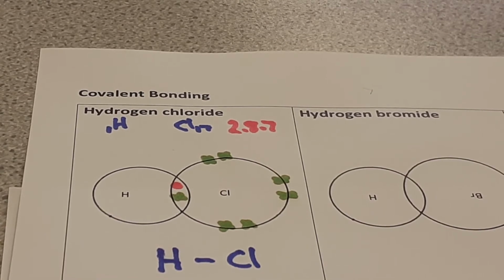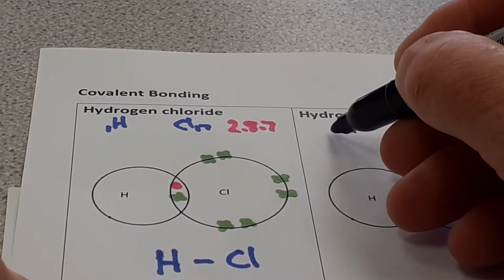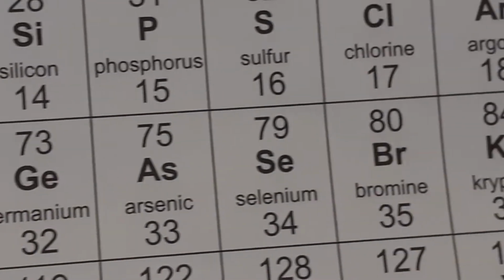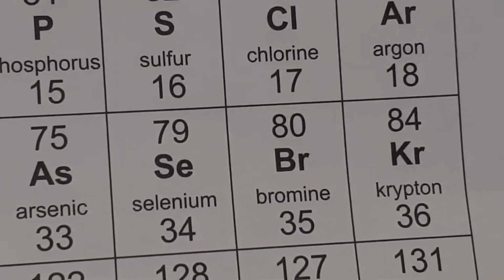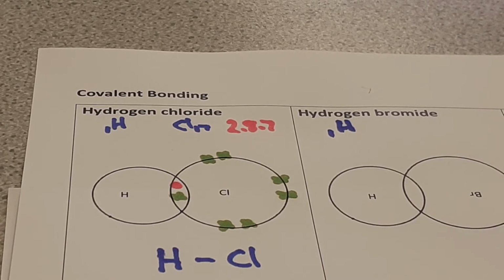Now, moving on to the next one, hydrogen bromide. Hydrogen we know is 1, like so. Bromine, if we look at the periodic table, is in group 7. So if it's in group 7, it means it has 7 electrons in its outer shell.